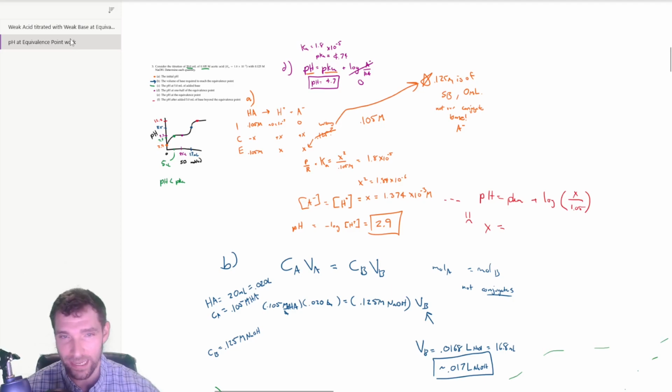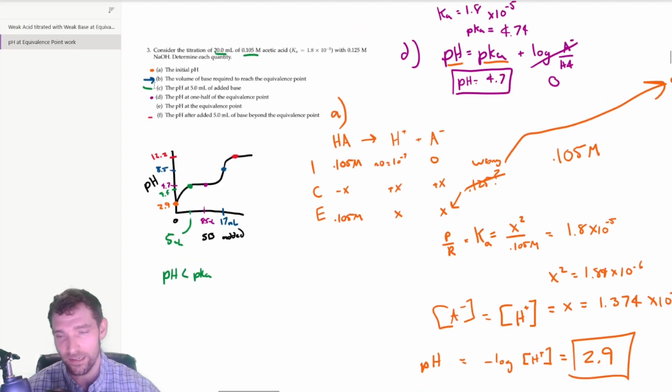And if you're trying to do actual equation calculations for these problems, the College Board is not likely to give you all these various points to calculate. They're usually going to do half equivalence point and equivalence point.